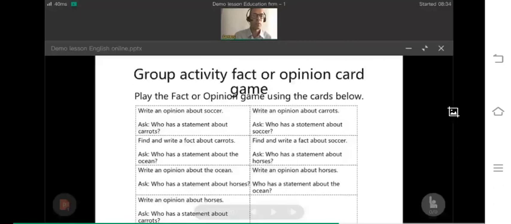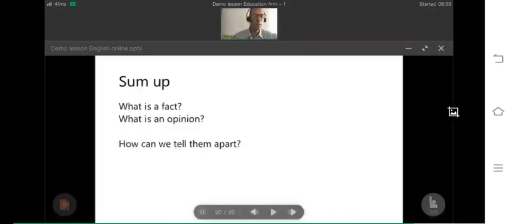So the student that answers the quickest stands up and gives their opinion and then asks the question. And then they sit down. The student who answers first stands up and they answer it and read their question, and so on. It's just a bit of fun to lighten the end of the lesson.